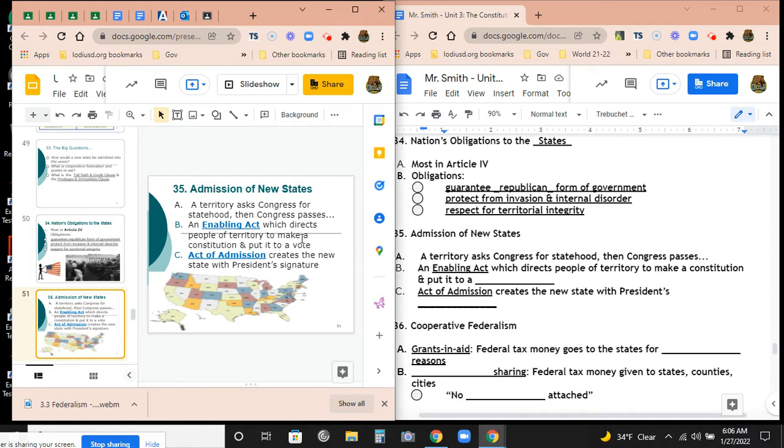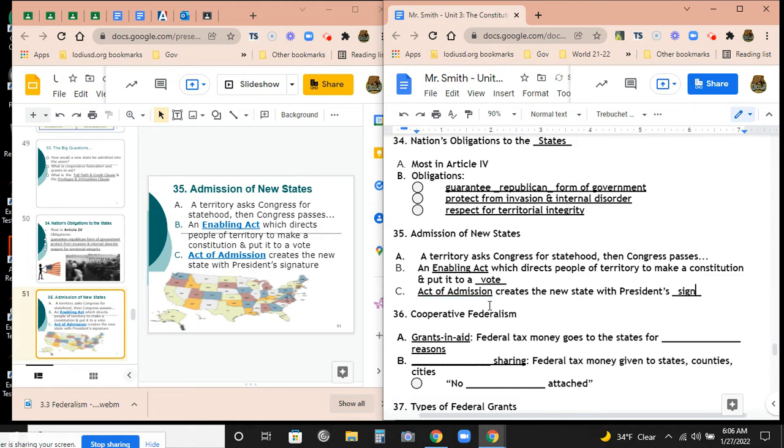Under the Enabling Act, Congress directs people of a territory to make a constitution and put it to a vote, because they don't want the appearance that the people had no choice in it. And then you have what's known as an act of admission, and that creates a new state with the president's signature. Most are happy to add territory, so this is usually a formality.